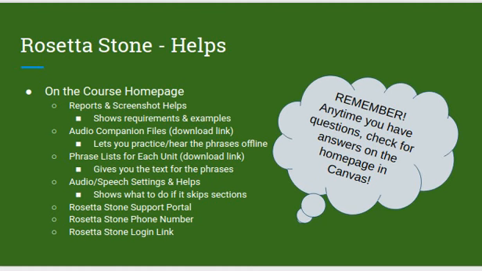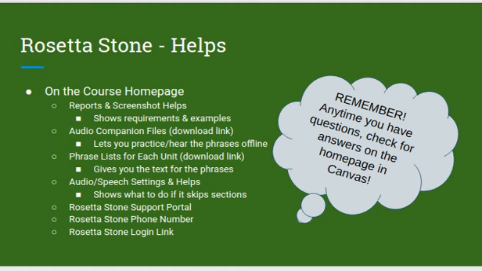So some helps for these are, again, on the course homepage. You can find help for reports and screenshots that show you requirements. Examples, there are audio companion files that you can download and then practice and hear the phrases that you're working on offline.